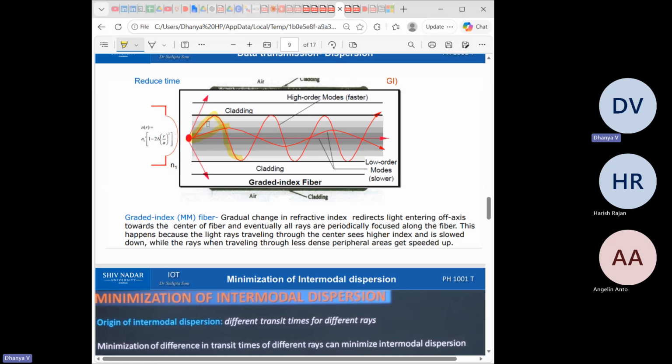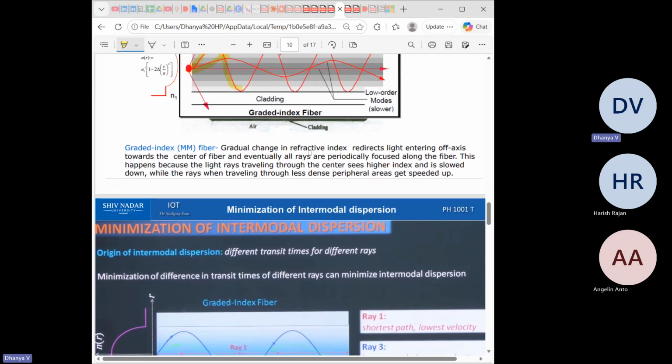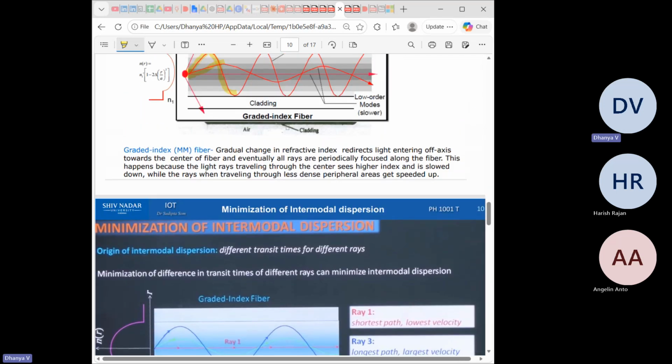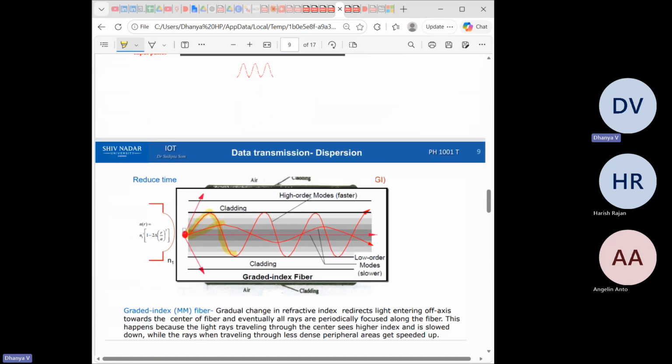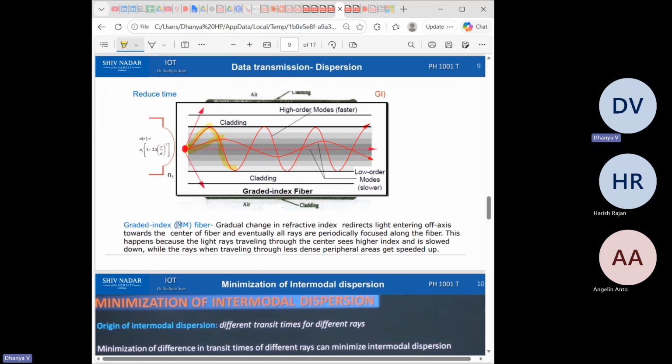Depending on where it starts from and the refractive index, it speeds up or slows down. So this is your graded refractive index when compared to your step index. This is much better. This is for your multiple modes, I mean, this also works for multiple modes. Yes, multimode fiber.